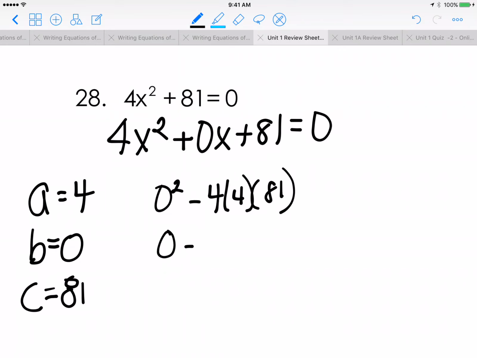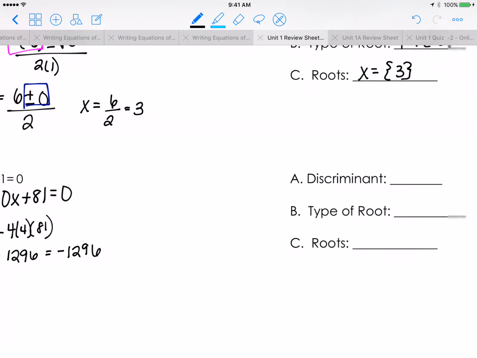So you get 0 minus, what's 4 times 4 times 81? Well, my calculator says 1,296. So 0 minus that is going to give me a negative 1,296. So here's my discriminant.